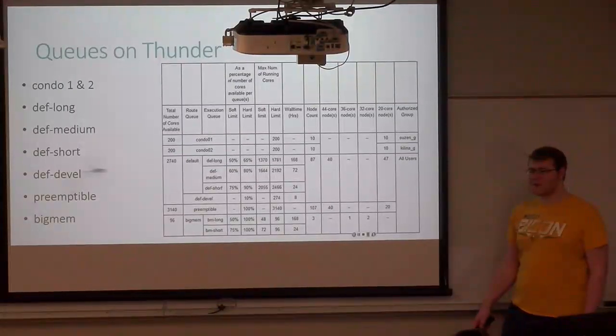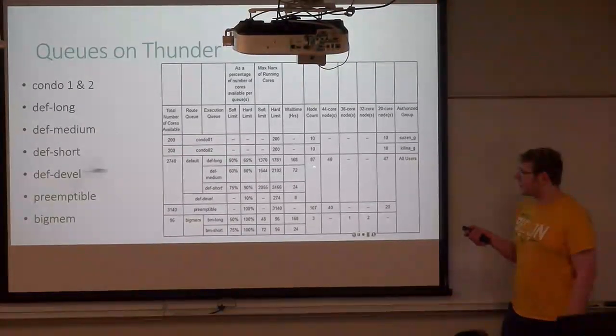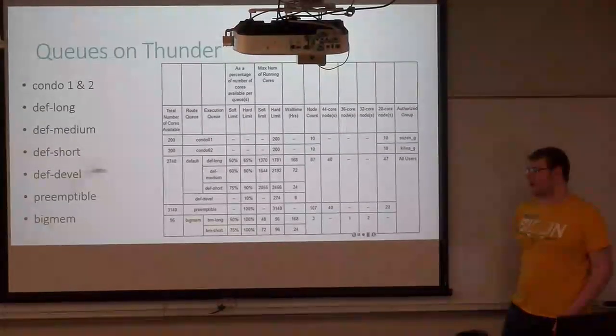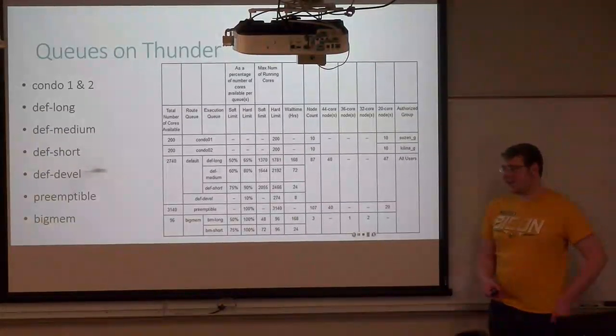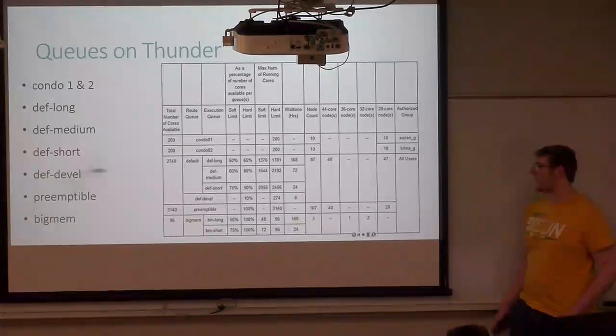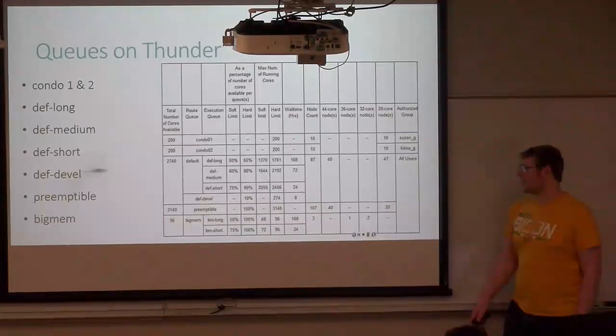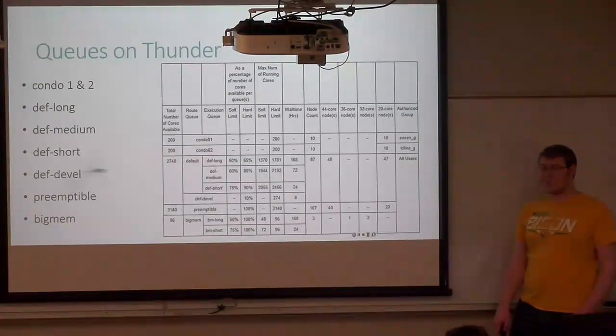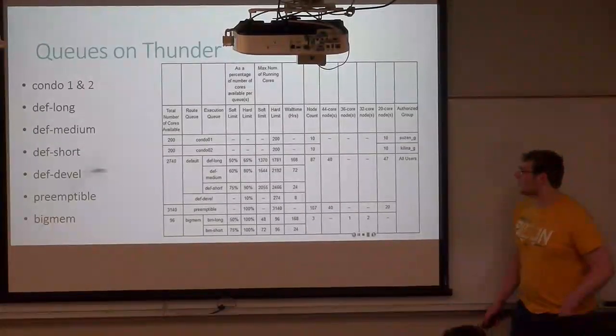The major difference is the wall time, how long you can run the jobs, and also, I guess, queue time, how long you have to wait, because if you run something in def long, you're going to be waiting a lot longer because that has lower priority.